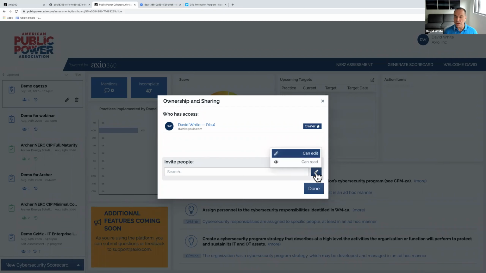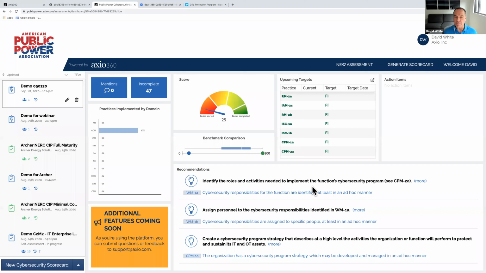When you do share, know that you can share in a read-only mode. So if you're just sharing for information, if you want to show somebody your results, but you don't want to let them change your results, then you can share it in read-only mode. And so that's sharing.